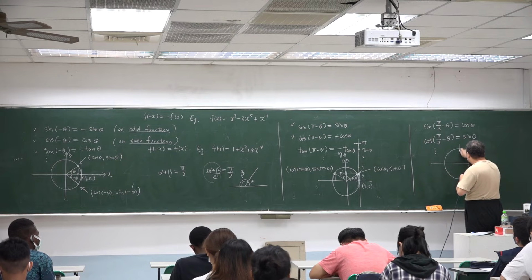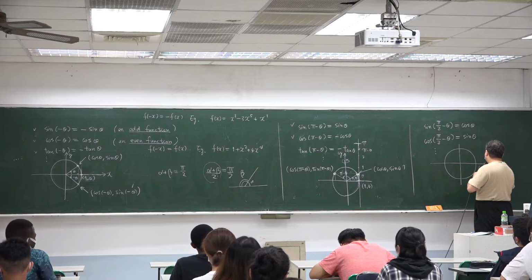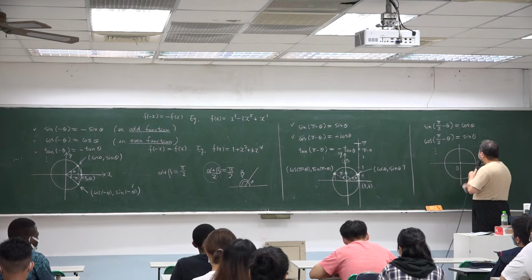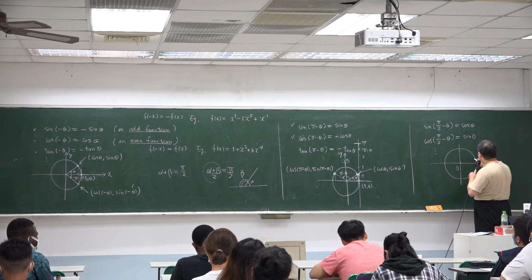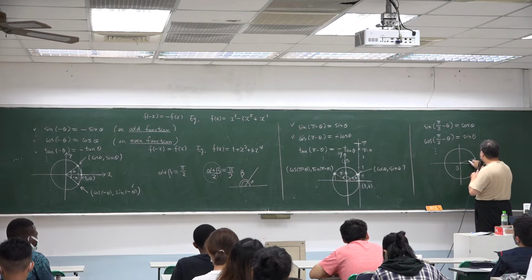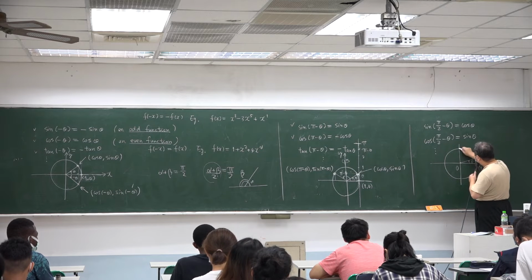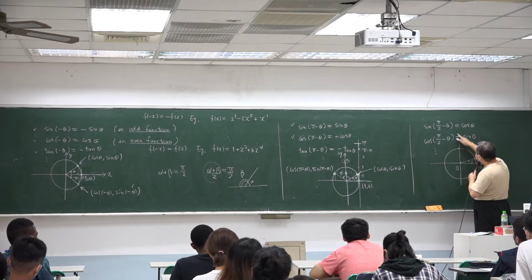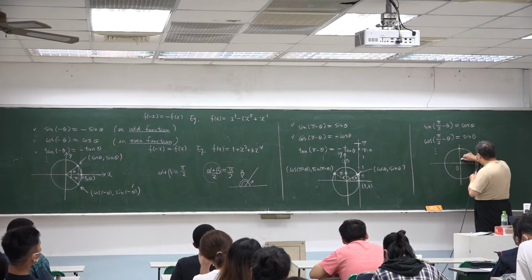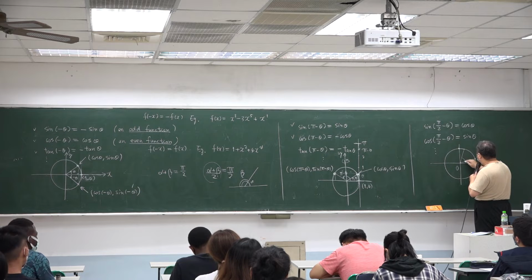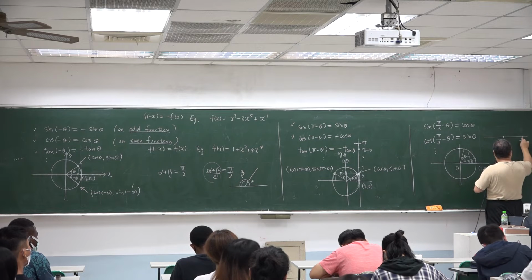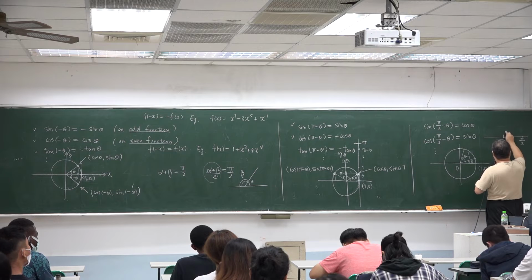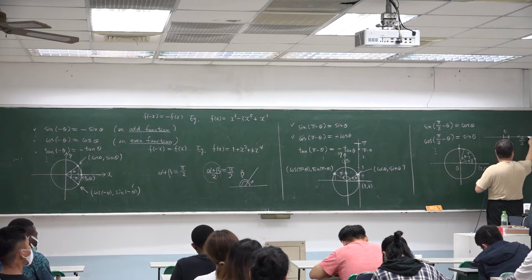Again, let's consider a unit circle again. Now, half pi minus theta. If theta is small here, half pi is here at a right angle. Minus theta means back by theta from half pi.